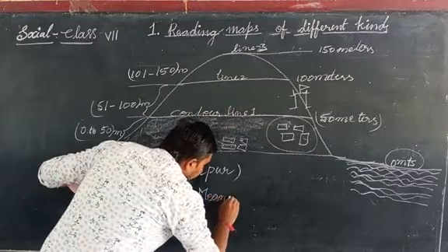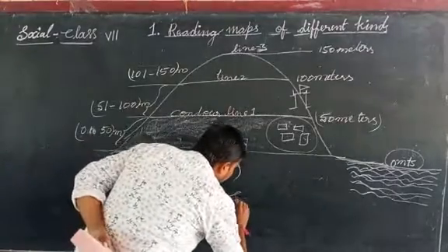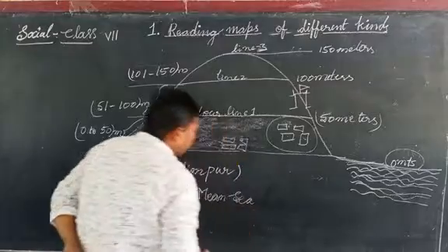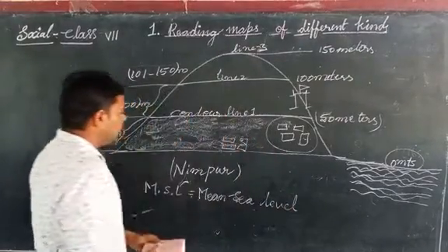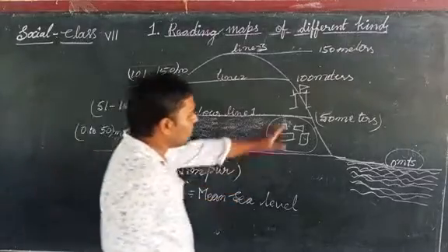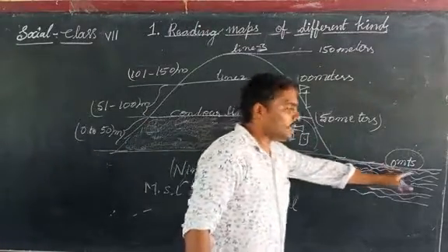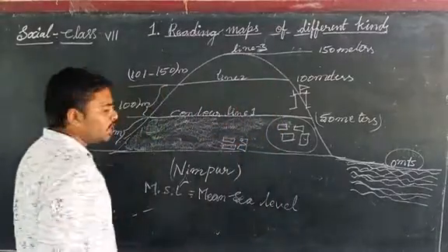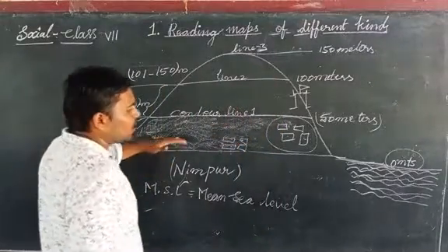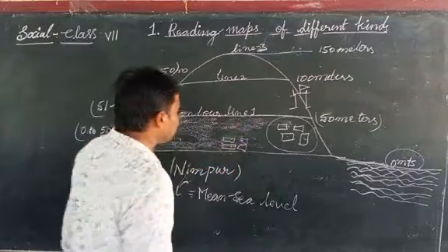In the earlier classes we have discussed mean sea level. This mean sea level of the land part is considered as 0 meters while we are measuring the heights on the maps.